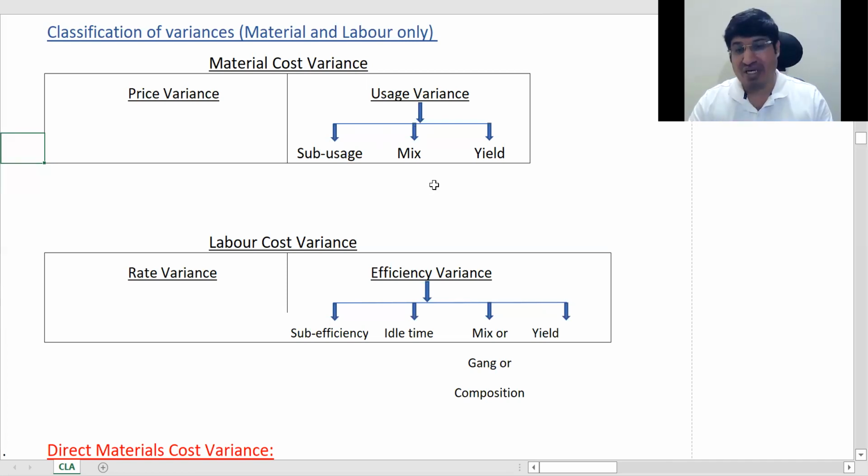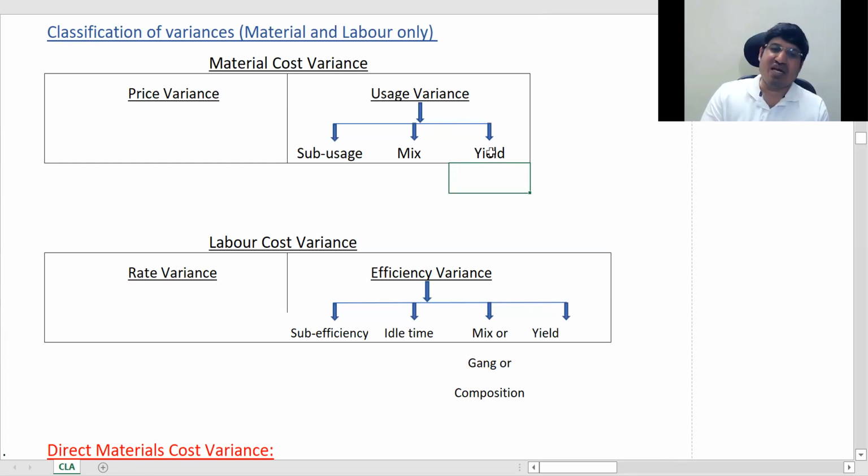One is that the mix proportion is not proper, which is called mix variance. Second is that yield is more or less. So if you add mix and yield variance, you'll always get usage variance. Basically your sub usage and yield are one and the same. Just remember that both will always give you the same values.